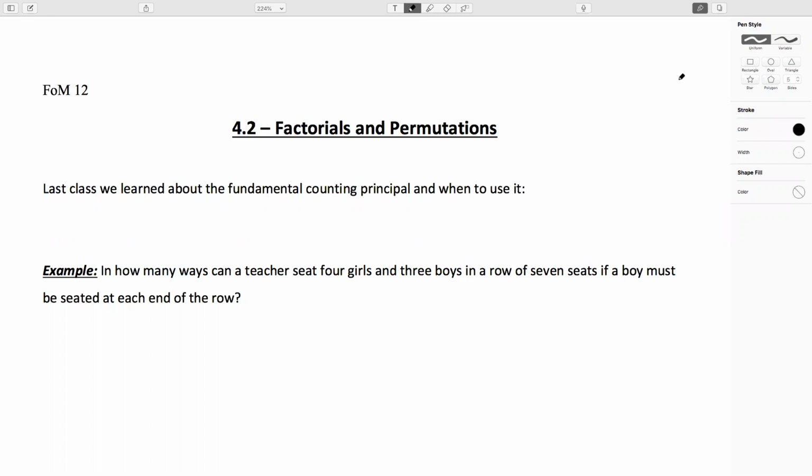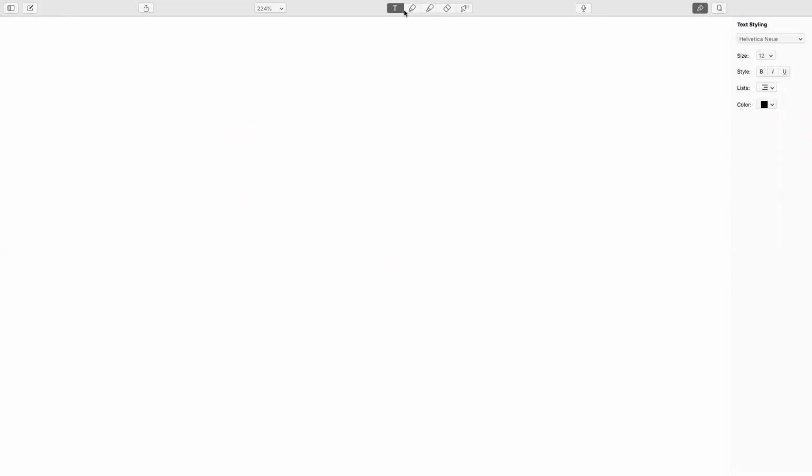Last class we talked about the fundamental counting principle. The idea with the fundamental counting principle is that anytime you want to figure out the ways that two things could happen, so let's say that you're going to the pet store and you were going to bring home one cat and one dog, and that there were 3 cats and 4 dogs to choose from, and you want to know how many ways could I pick a dog and a cat.